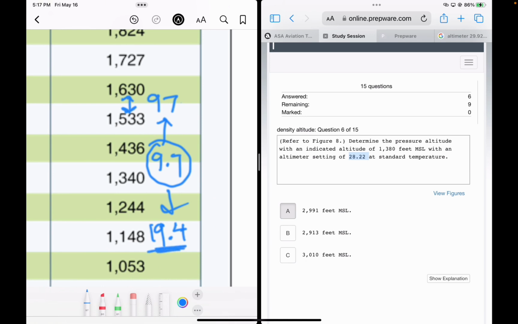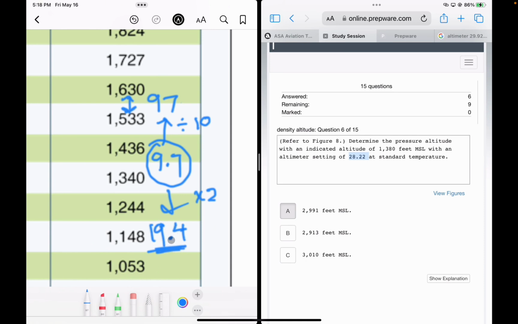So you take this 19.4. Just a reminder of what we did. We found the difference between these two numbers. We divided this number by 10, and then we multiplied this number by 2, and then we got this number.